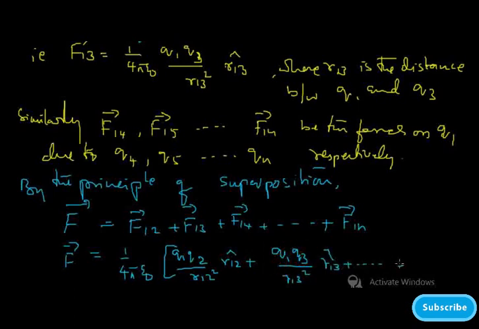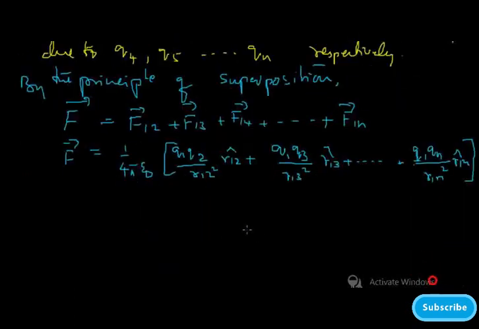The last force is Q1 Qn divided by R1n square into R1n cap. This is the resultant force acting on Q1.